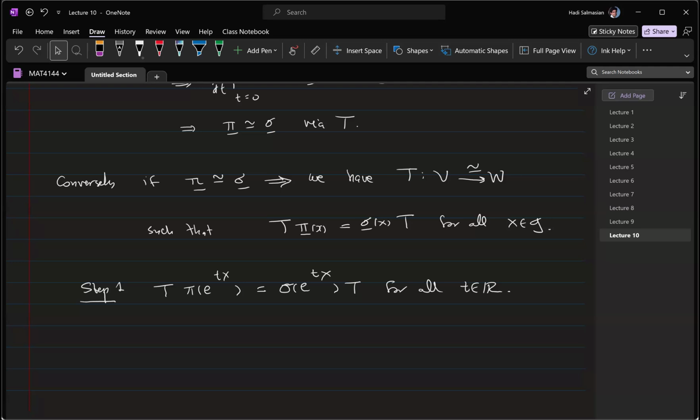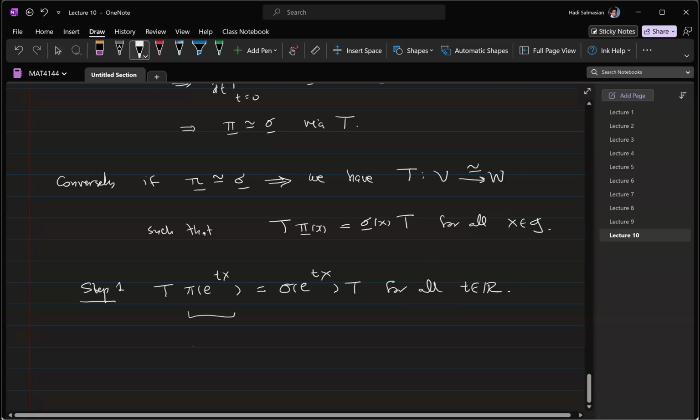Basically what I want to do is write something like pi of 1 plus tX plus t squared X squared over 2 factorial plus t cubed X cubed over 3 factorial.